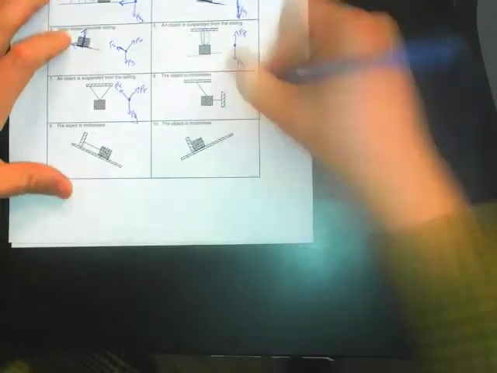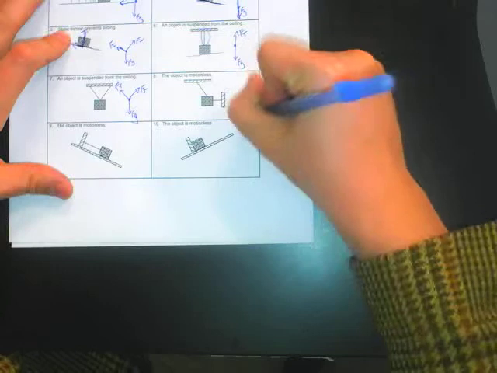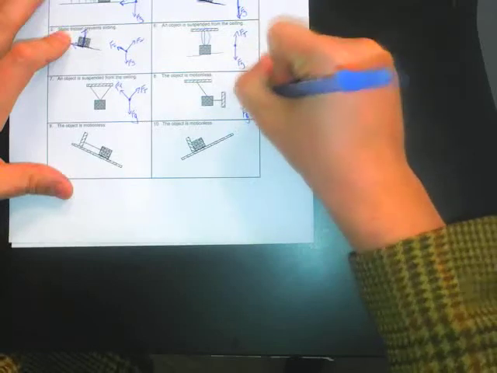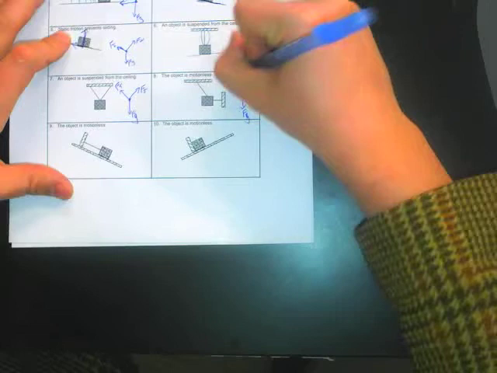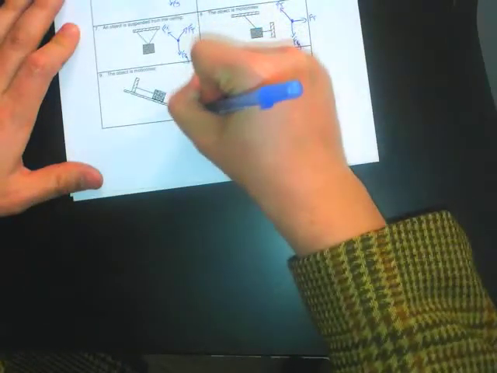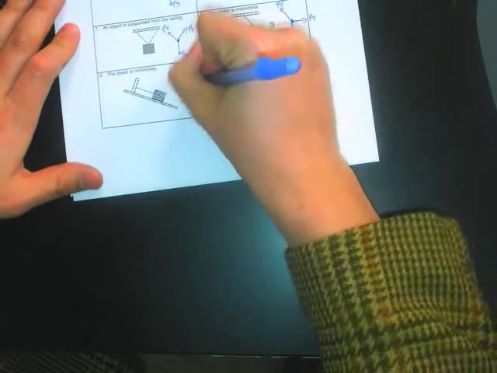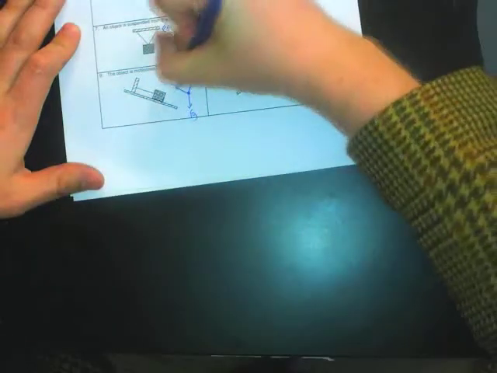One more time, we've got gravity pulling it down. We've got our first tension pulling it perfectly sideways, and our other tension pulling it up at this angle.